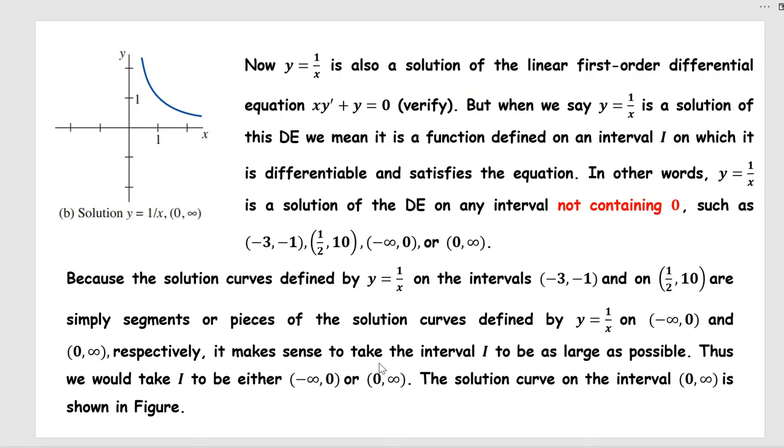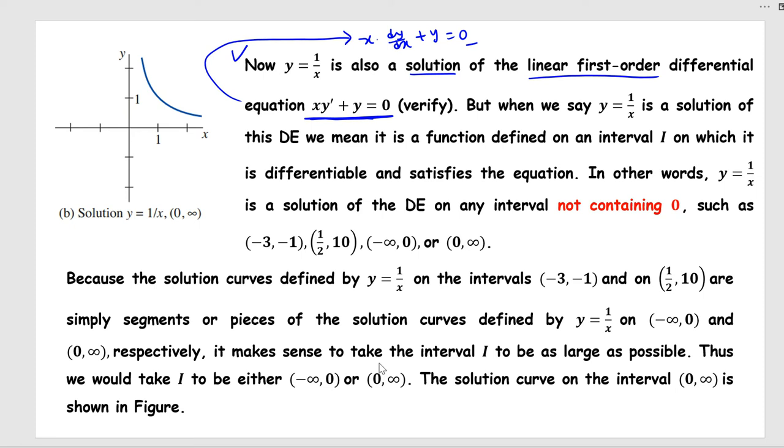Now what is the meaning of a solution curve? The solution curve y equals 1 by x is also a solution curve to the first order differential equation, that is here. If you write it, the equation is x times dy/dx plus y equals 0. So this is our differential equation.